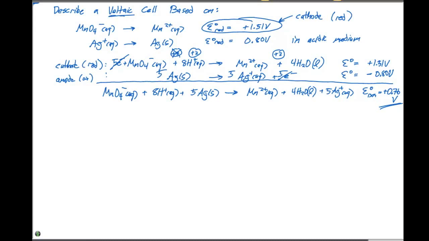And what's a likely oxidation number for some of these cases? If we look at the periodic table and look at manganese, manganese is element number 25. So if we look at manganese as an atom, it has 5 d electrons and 2 s electrons. When we put it into an ion, manganese has 7 valence electrons.